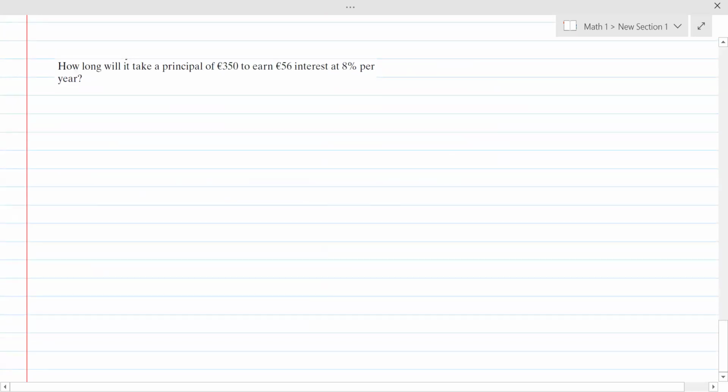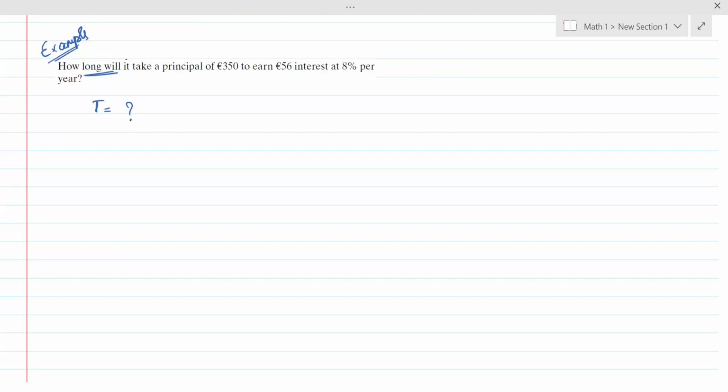One last example. This question says how long it will take. How long? It's an indication that now it is the time which is unknown. In the previous example, it was the interest rate which was unknown, and here it is the time which is unknown.